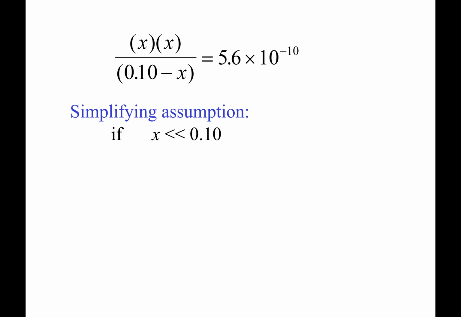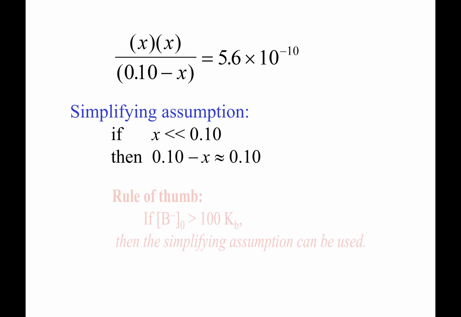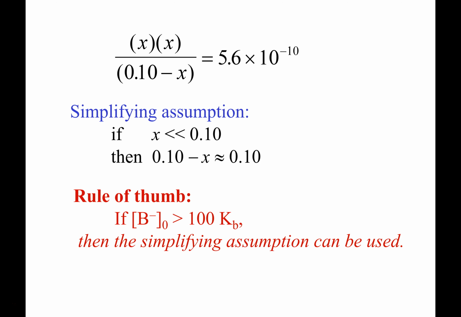If x is really small compared to 0.10, then that term in the denominator becomes 0.10. So now we're going to see it here in a minute. It'll be x squared in the numerator divided by 0.10 is equal to 5.6 times 10 to the minus 5. Again, this is kind of a deja vu from 2 parts ago. We said that the simplifying assumption works pretty well as long as you have this relationship between the molar concentration, in this case of your weak base, and your Kb value.